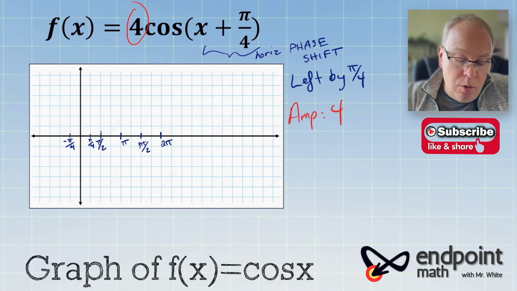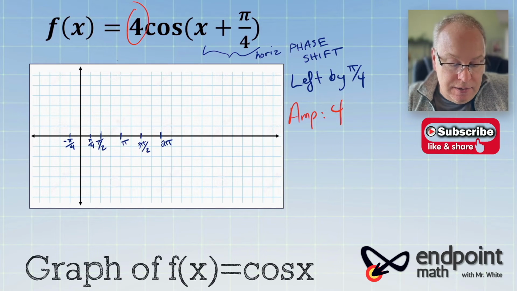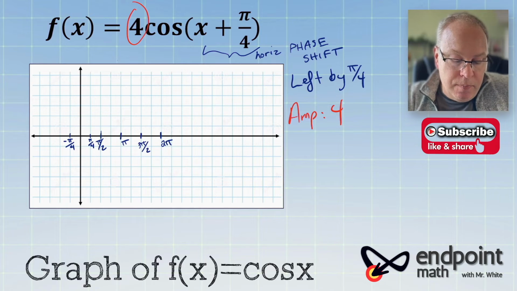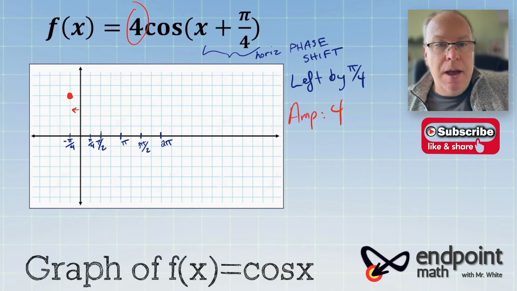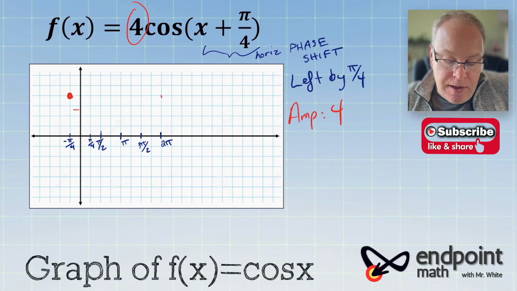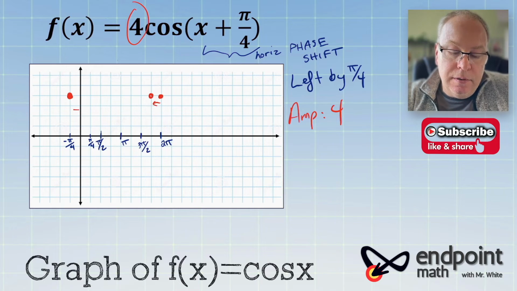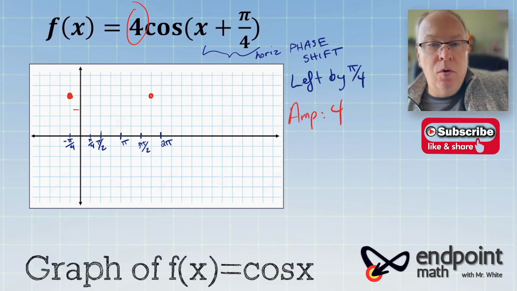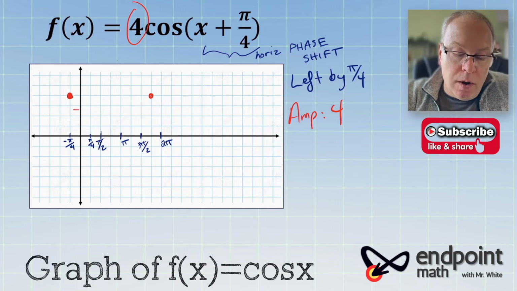All right, so we go to our beginning. Our beginning is not here, not at 4 there. It's going to be here because remember, we're shifting to the left by pi over 4. Now, instead of finishing at 2 pi, it's going to be to the left by pi over 4.